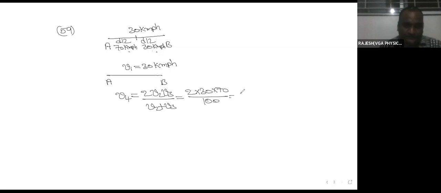Already we have seen. Now v1 and v4 are again equal distances, because it is going average speed A to B with 30, B to A with 42. So I can write v average is equal to 2v1 v4 by v1 plus v4.